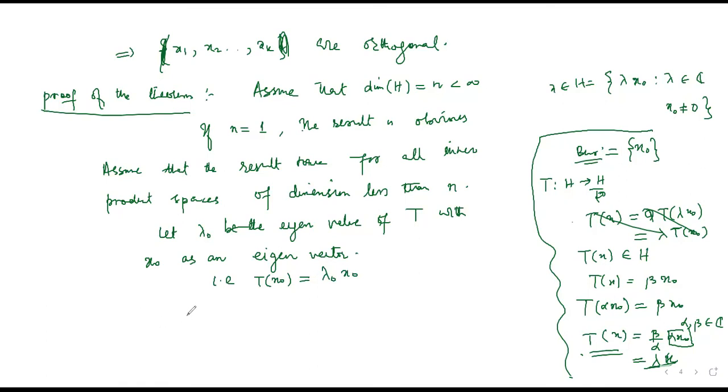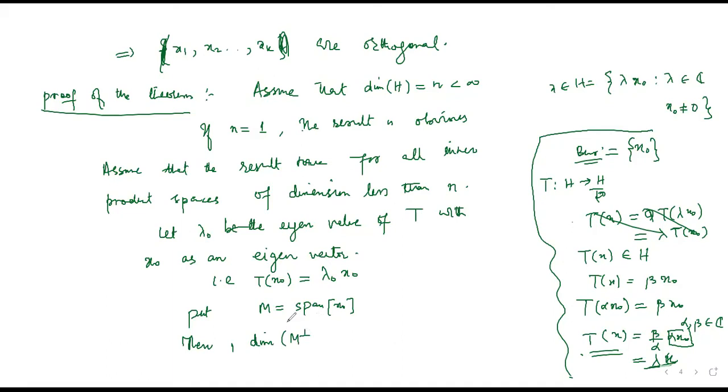Now put M be equal to the linear span of x naught, all scalar multiples of x naught. Then हमें पता है what we call the projection theorem.